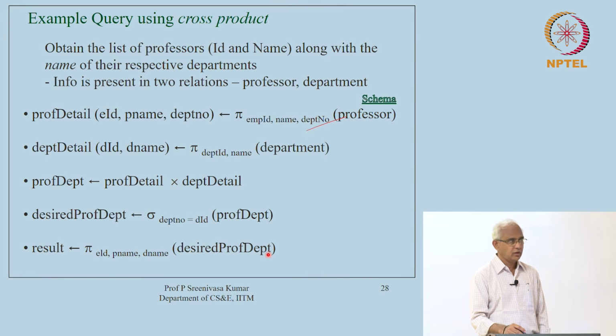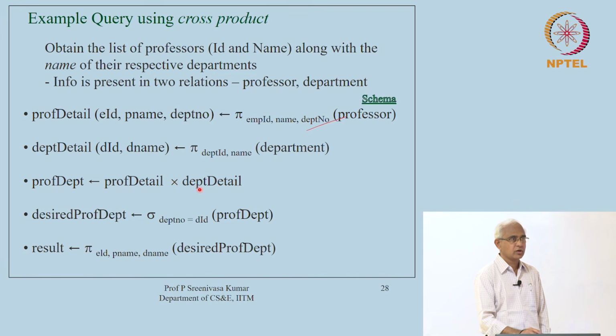First, we are projecting desired attributes from professor and renaming them, and then getting an intermediate relation called professor detail. Then we are projecting the relevant attributes from department and producing an intermediate relation called department detail with these two names, and then we are doing a cross product.